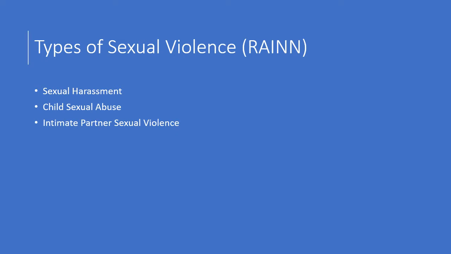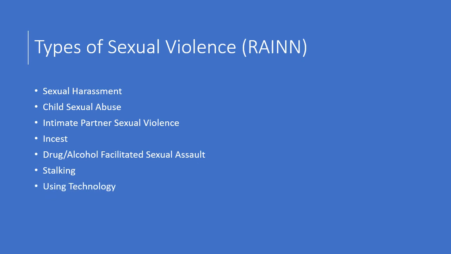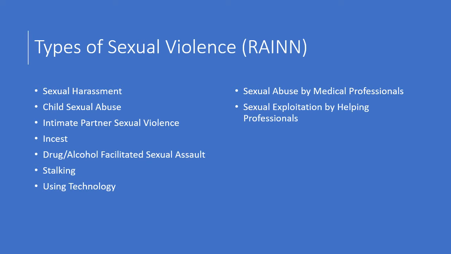Child sexual abuse, intimate partner sexual violence, incest, drug and alcohol facilitated sexual assaults, stalking using technology, abuse by medical professionals, and certainly if you're in Ohio, you've heard a great deal about those kinds of cases because we've had several very high-profile cases coming out of Ohio State.